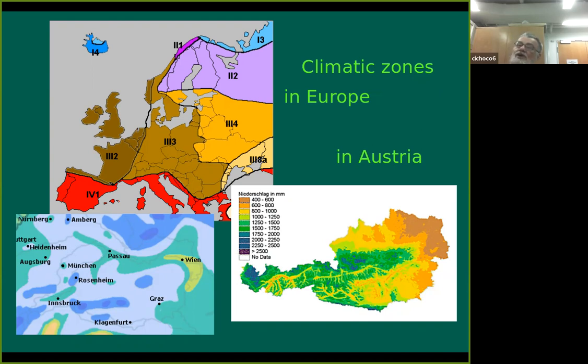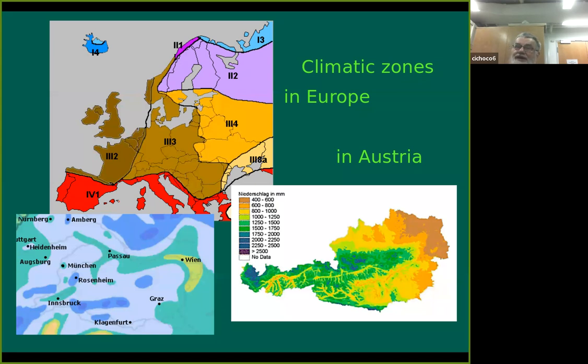If we have a look at Austria, then especially here, there is a much more detailed structure of either the landscape and therefore also for the climate. If we have a look to the right, there is the precipitation, and you see in the east it's very dry, and in the Alps and in the very west we have quite a wet climate.